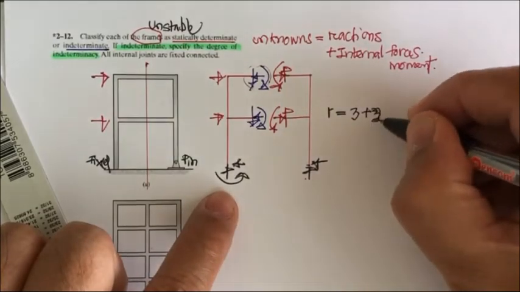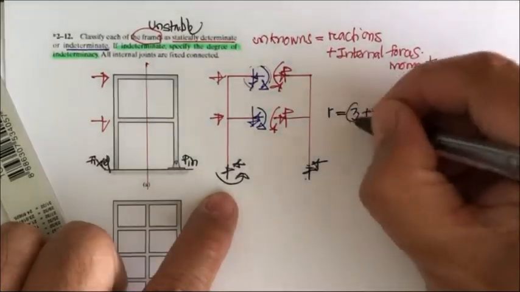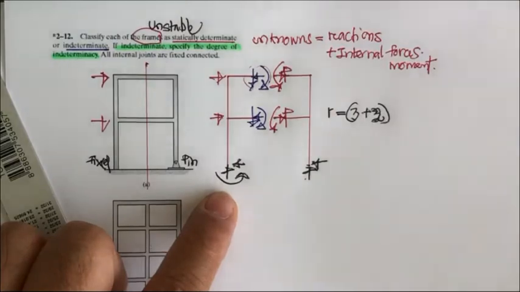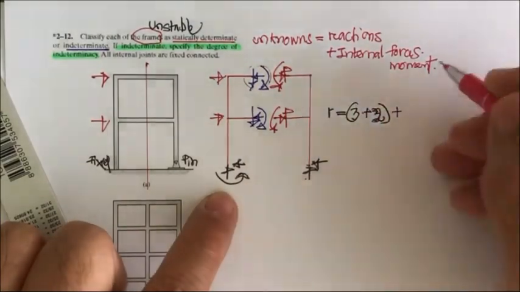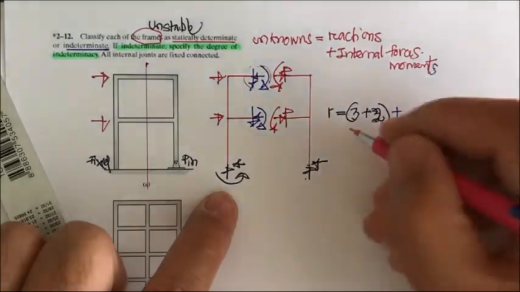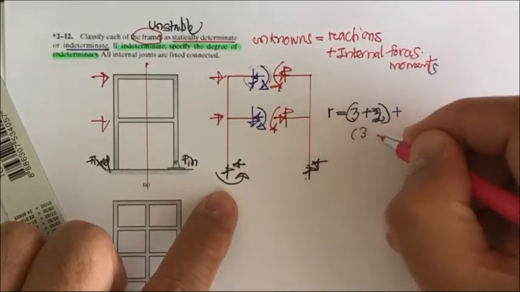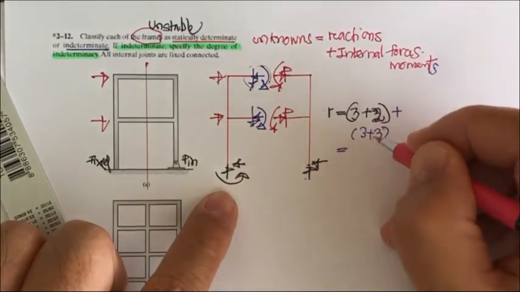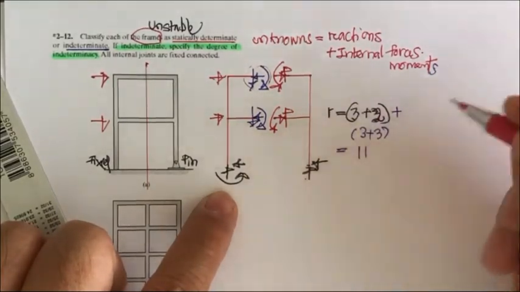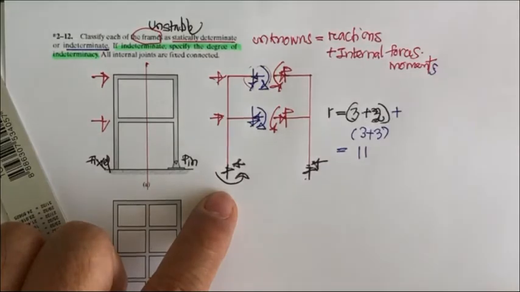Sorry, it's 2. That is the total number of the reactions. And then you also have the internal forces and moment, so it's going to be 3 plus 3. So now the total is 5 plus 6, which is 11. This is for the unknowns.